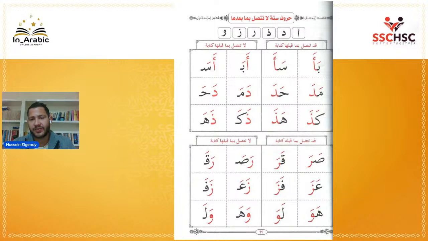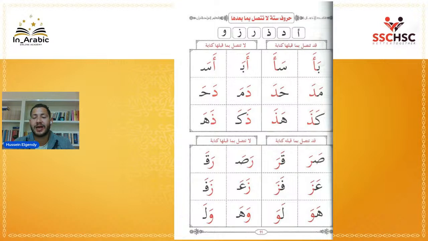The second line, we're talking about the letter dal. When it's coming after another letter, it could be connected, like in the word ma da. There are words that have two letters and dal is one of them, coming at the end, so it's connected. Not specifically at the end, but as it's not the first letter in the word, it could be connected.